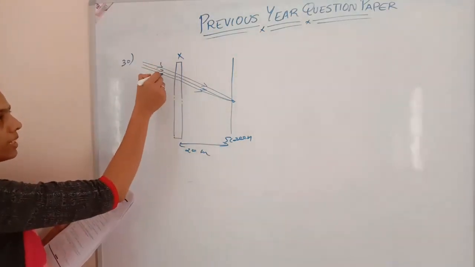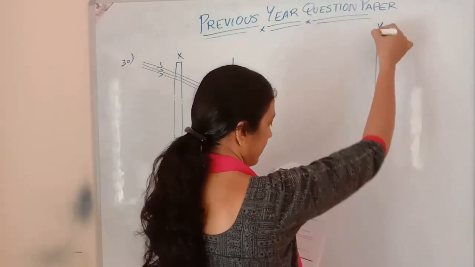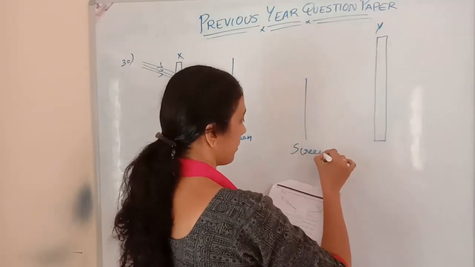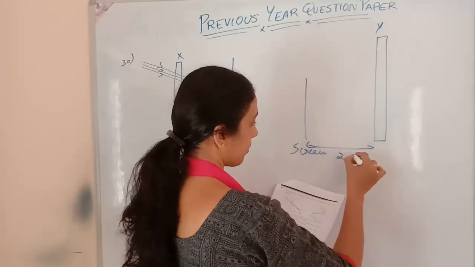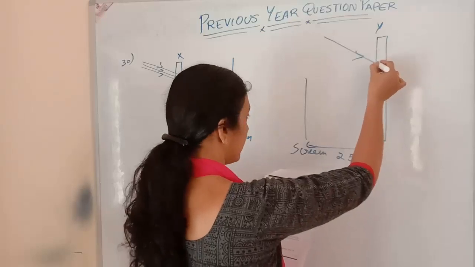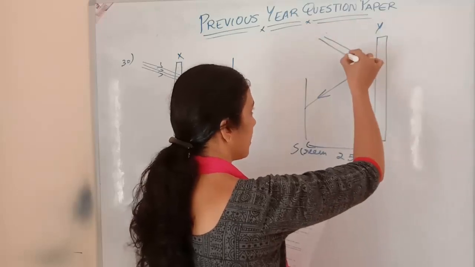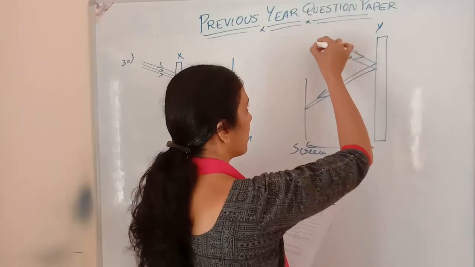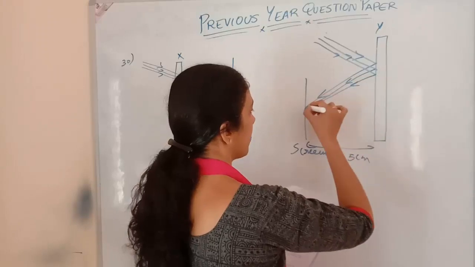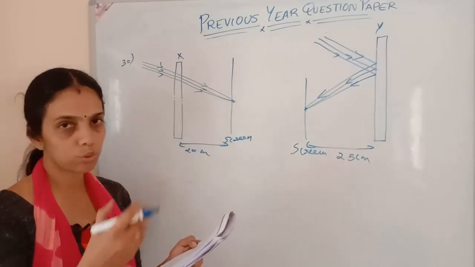The second diagram is Y, and this is the screen, and this distance is 25 centimeter, and the rays are coming and incident like this. Okay, so this is the ray diagram. Now I'll read out the options, and you just check.